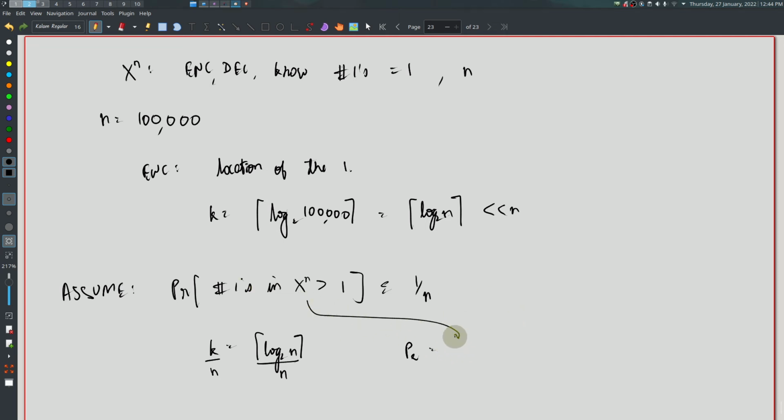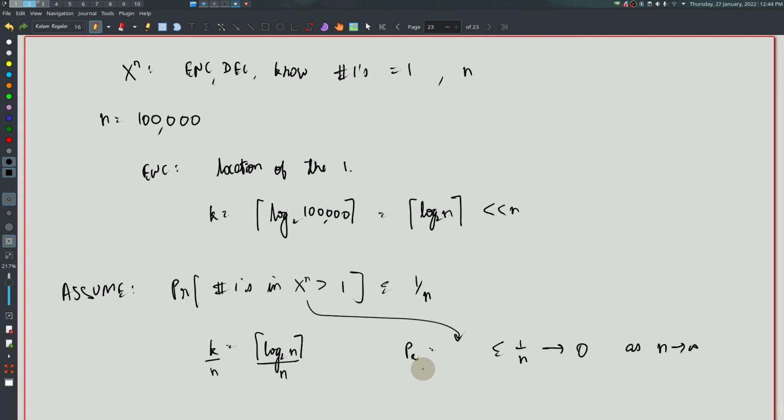If the number of ones is exactly equal to 1, then you're sending the location of that one, so you'll be able to reconstruct it correctly. But if the number of ones is greater than 1, then you don't care. The encoder sends some garbage, the decoder will output some garbage, doesn't matter. But the probability that that is going to happen is small, less than or equal to 1 over n, which tends to 0 as n tends to infinity.